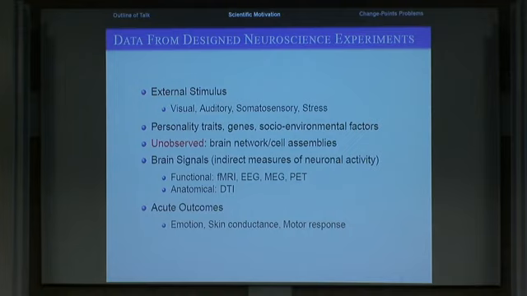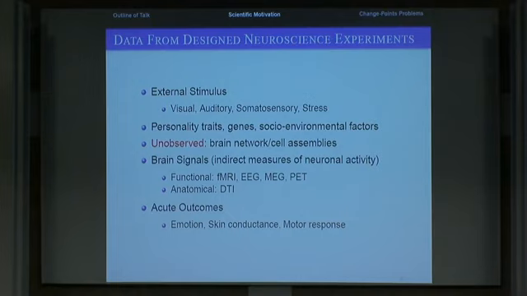So here we do not observe directly what's going on typically in a neuron, unless you're looking at the spike train data. But what we see are the brain signals. These are indirect measures of neuronal activity. So you have functional: fMRI, EEG, MEG, PET, and so on. And you also have structural, the diffusion tensor imaging. Okay?